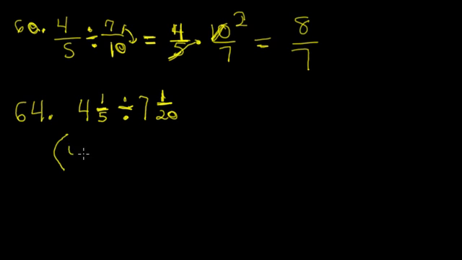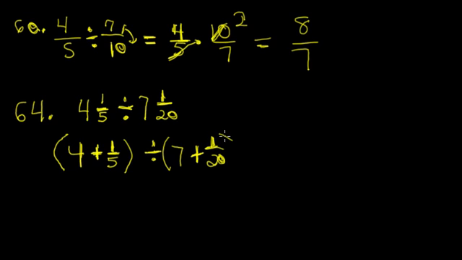So that's like saying 4, and we'll use addition, 1/5, divided by 7 1/20. So using common denominators, I can do 20/5 is the same as 4 plus 1/5.